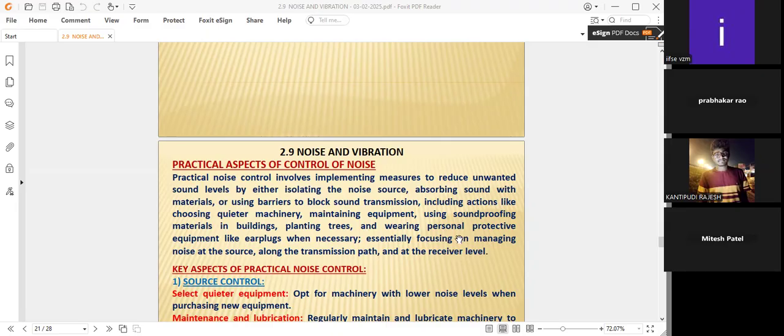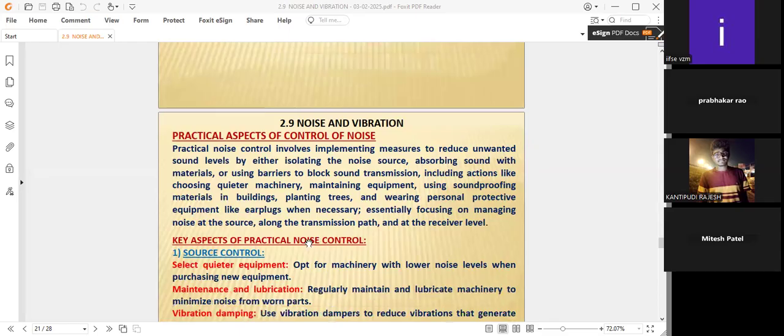We have to see whether the noise source can be isolated, so the source is identified and at that place itself there is a chance of isolating it, or absorbing sound with materials by putting absorbent materials on the walls, or using barriers to block sound transmission where silencers cannot be provided. These are the practical aspects to control noise levels normally in organizations.